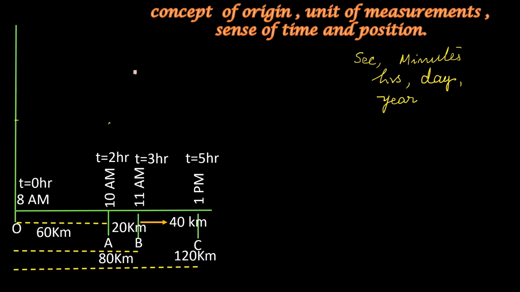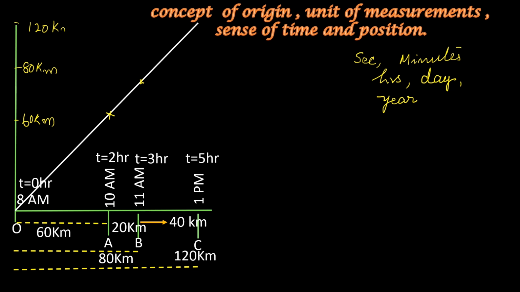At t equal to 3 hours, his position is 20 kilometers further away from A. Similarly, his position at time equal to 5 hours also can be marked. If these 3 points are connected, it will be a straight line passing through the origin. Displacement is represented by the letter x.